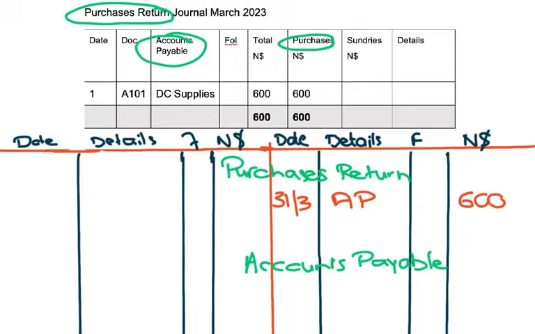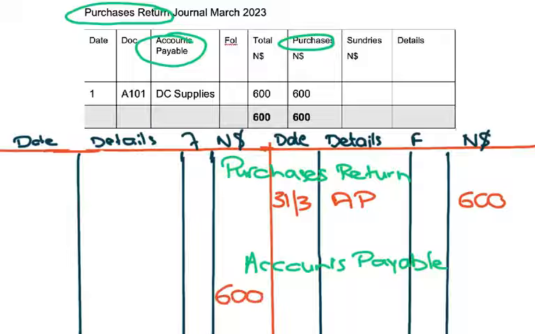If I look at my accounts payable, it increases on the credit side because it's a liability. But now that I returned goods to my supplier, I will owe them less. So in other words, it will go to my debit side.